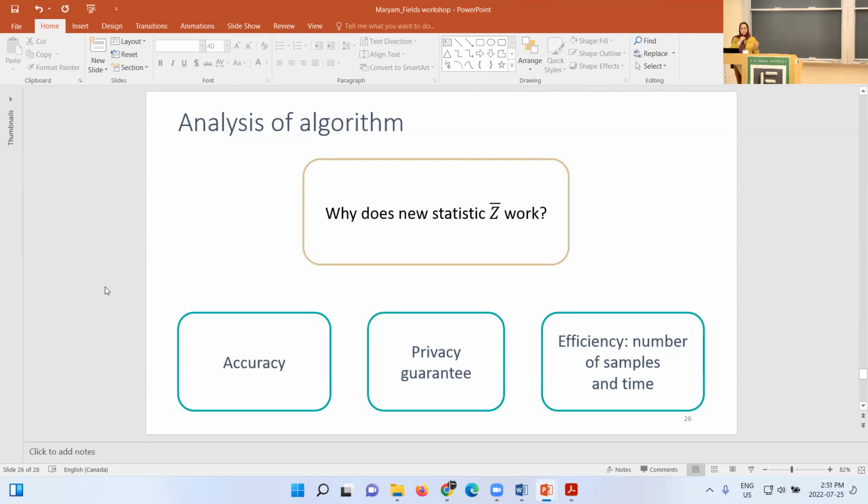And then we also need to show the efficiency of our algorithm, both in terms of sample complexity and time complexity. Although I mentioned that we try all permutations, we can't actually try all permutations in polynomial time. So we try to explicitly compute the contribution of each element in the statistic separately and avoid an exponential time complexity.